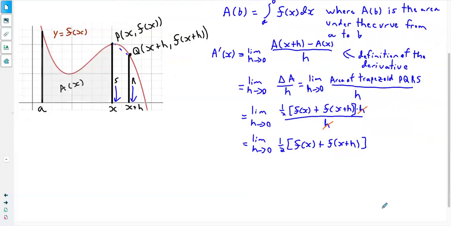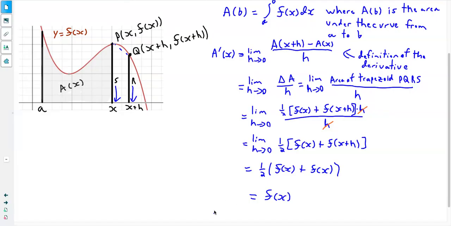Now, if h is going to 0, that means we've got 1/2 times f of x plus, if h goes to 0, this is just f of x. Now, if we have f of x plus f of x, that's 2f of x, which when multiplied by the 1/2 in front, just gives us f of x.